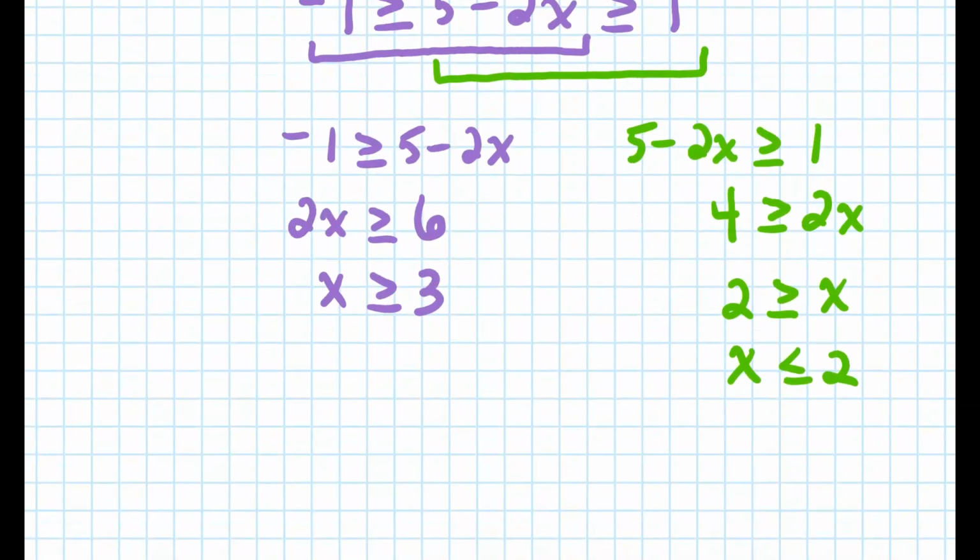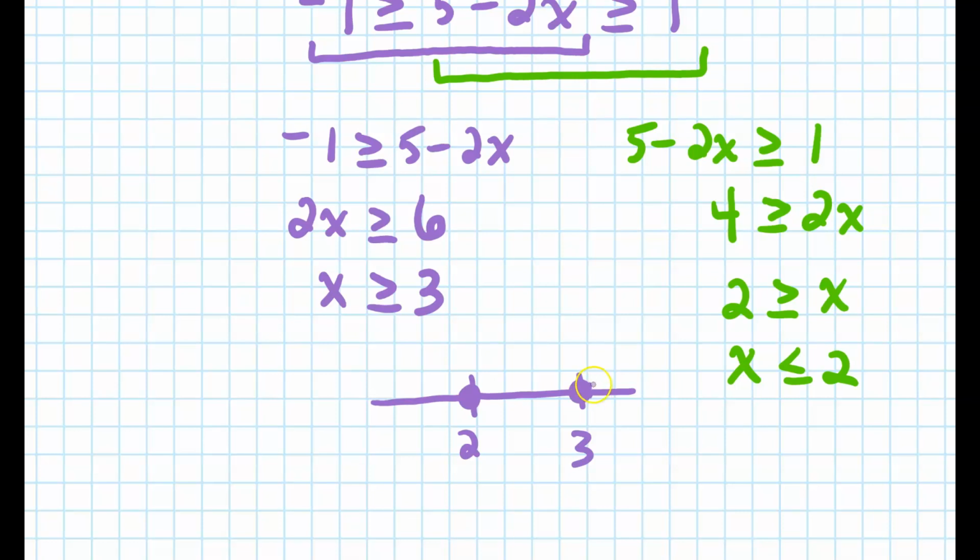So if I think about my number line again, I've got 2 here. I have 3 here. There is a greater than or equal to, which means included. So I want to put solid circles, and that's on both of them. They both have that. Now let's look at the purple one first. X is greater than or equal to 3. What side should I be shading?